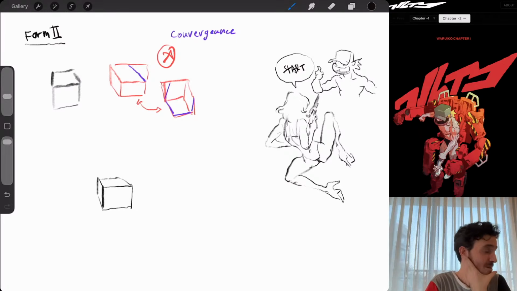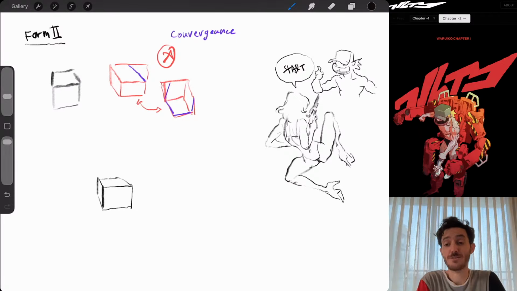Now, this is a concept that has to do with perspective, but we're not going to go into the full scope of perspective just yet. We're just going to talk about the horizon, right? and things that converge into the horizon.